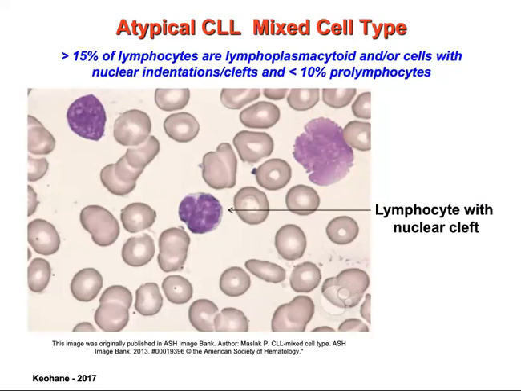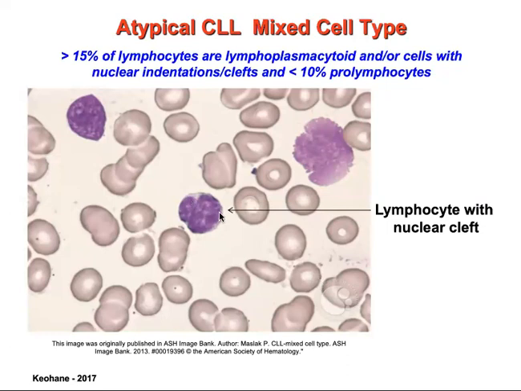It shows more than 50% of lymphocytes with a lymphoplasmacytoid morphology, or you can also see cells exhibiting lots of indentations or clefts. And on top of that, you may still see less than 10% prolymphocytes.